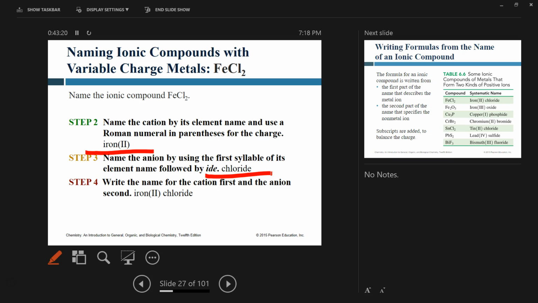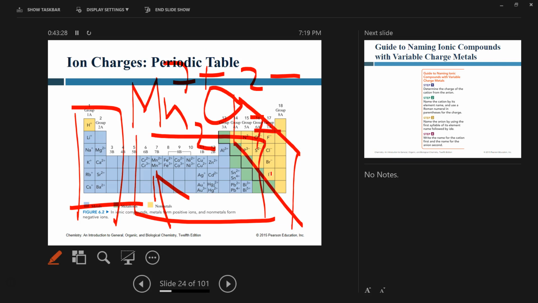Are there only certain ones with the Roman numerals? That's a really good question. When you write down the names for elements like these, you never write Roman numerals. Because what is the charge of a cation from the first group? Always +1. Second group, always +2.